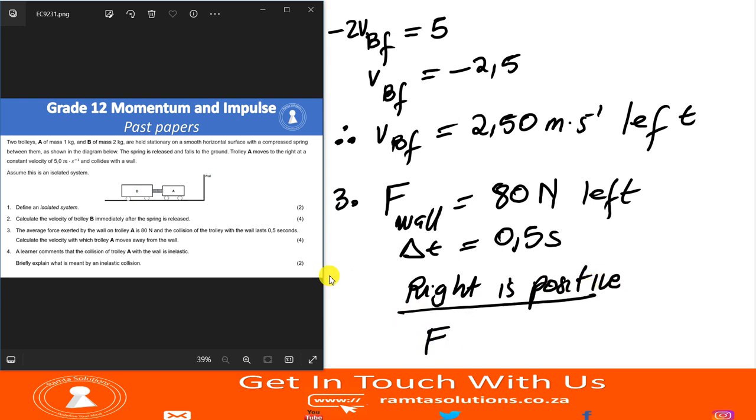So this is Newton's third law of motion. So the trolley A, what it does is that its force will be negative, right? It will be negative because according to Newton's third law of motion, the forces will be the same but in opposite direction.